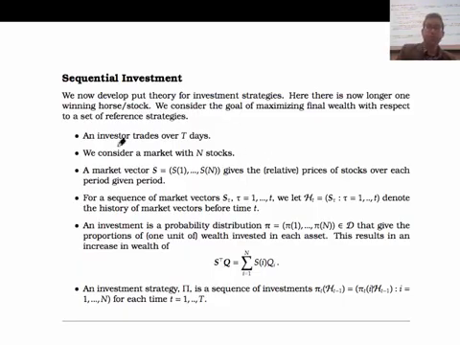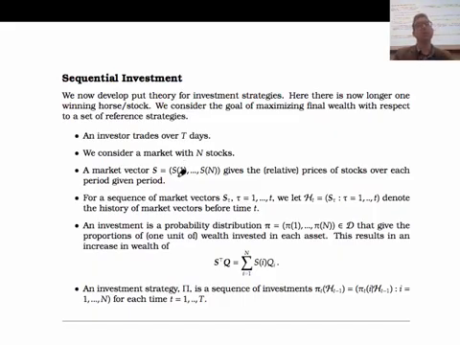So an investor is going to trade over T days. And we're going to consider a market that consists of N stocks. So no longer horses, but now stocks. A market vector S, boldface S, gives the relative increase or decrease in the price of the stocks over a given period. There's T days, and each day S_1 is going to give the relative increase in stock 1.